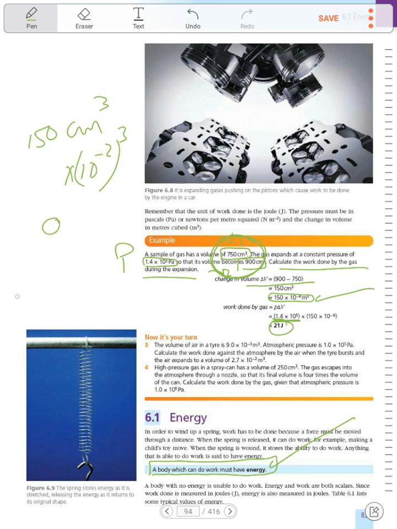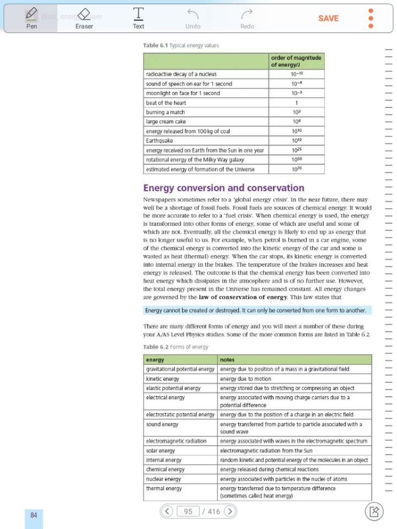Okay, now anybody that can do work must have energy. If we have an object at a height, this object has potential energy, so this object can do work, or can make energy. Now, these are the orders of magnitude of energy. Burning, we have about 1000 joule of energy. Radioactive decay, about 10 to the negative 13 joule.